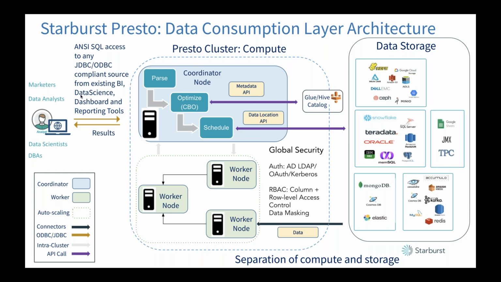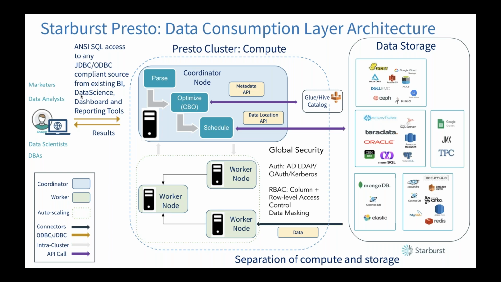Once these are configured, the cluster itself consists of the coordinator, which parses the queries coming in, performs some optimization, and then schedules the execution or the compute to happen on the worker nodes. Worker nodes have connectivity to the data through the central configuration.